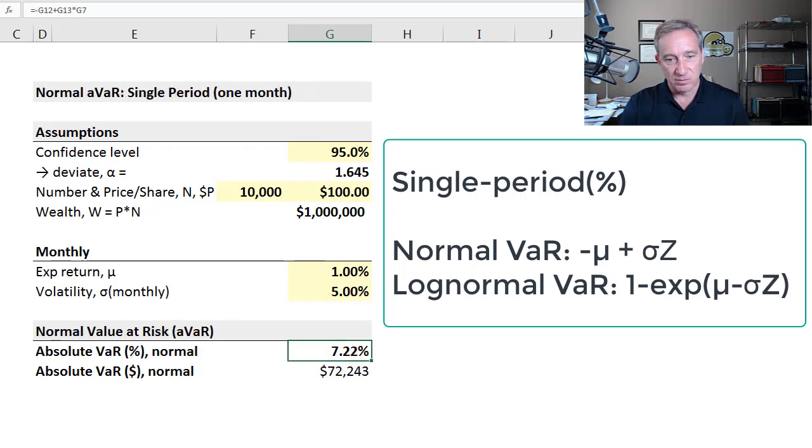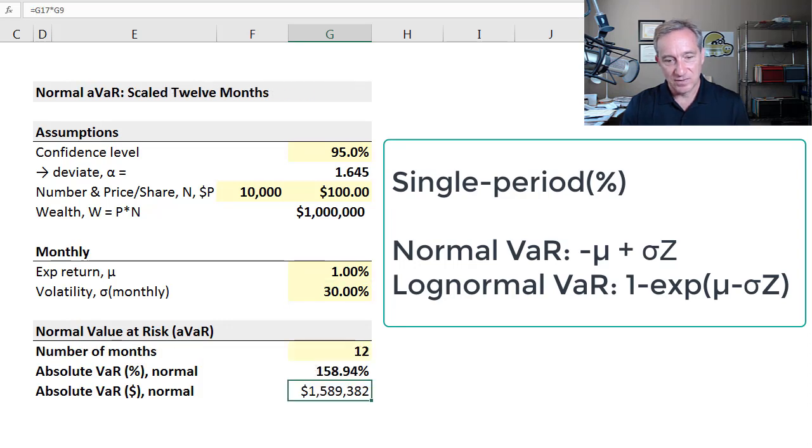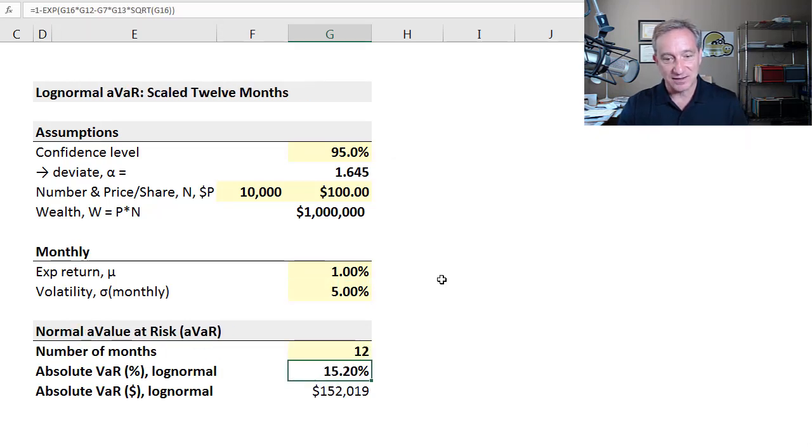Remember previously on the normal, if I kick this up to, let's say, 40%, well, that's single period, so that's not a good example. So let me do that on the next case where I scale to 12 months. Here, same thing, lognormal, but now I'm going to take the 1 month VaR and scale it over 12 periods, or 12 months, to 1 year.